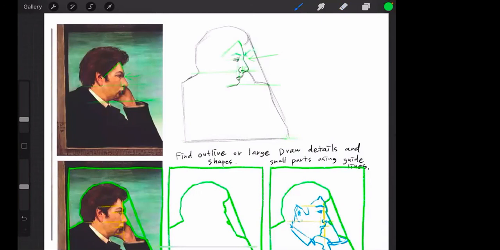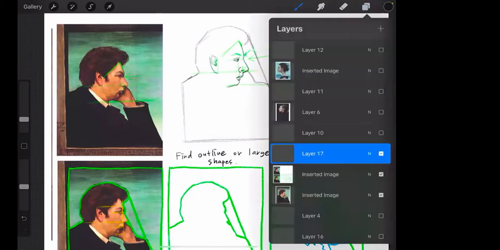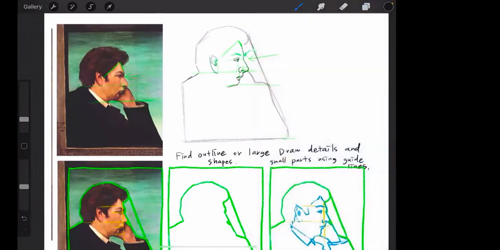And the ear is aligned with the nose line, the horizontal nose line.